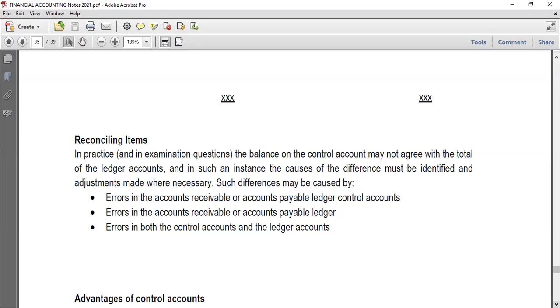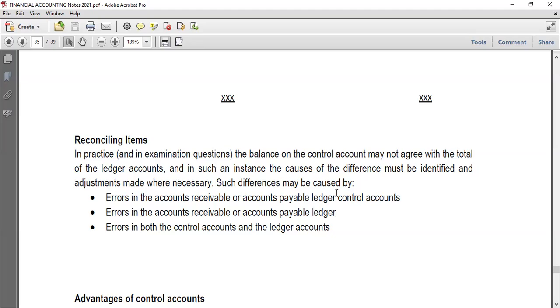So what we are saying is that in such instances, the cause of difference must be identified and adjustments made where necessary, okay? And such differences may be caused by, one, errors in the accounts receivable or accounts payable control account. It could be errors in the accounts receivable or accounts payable ledger. Like we've said, these two accounts should match, okay? These two accounts should match.